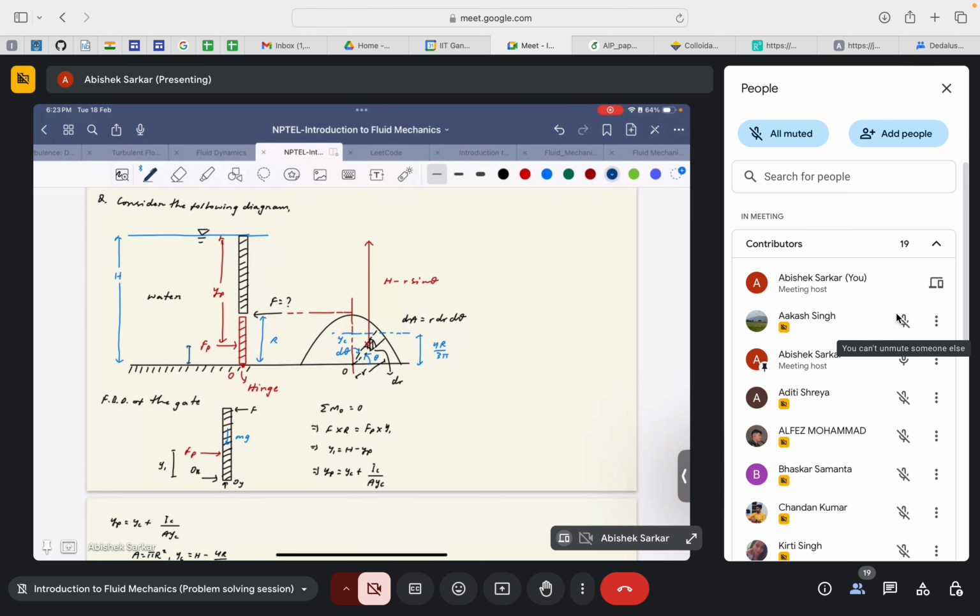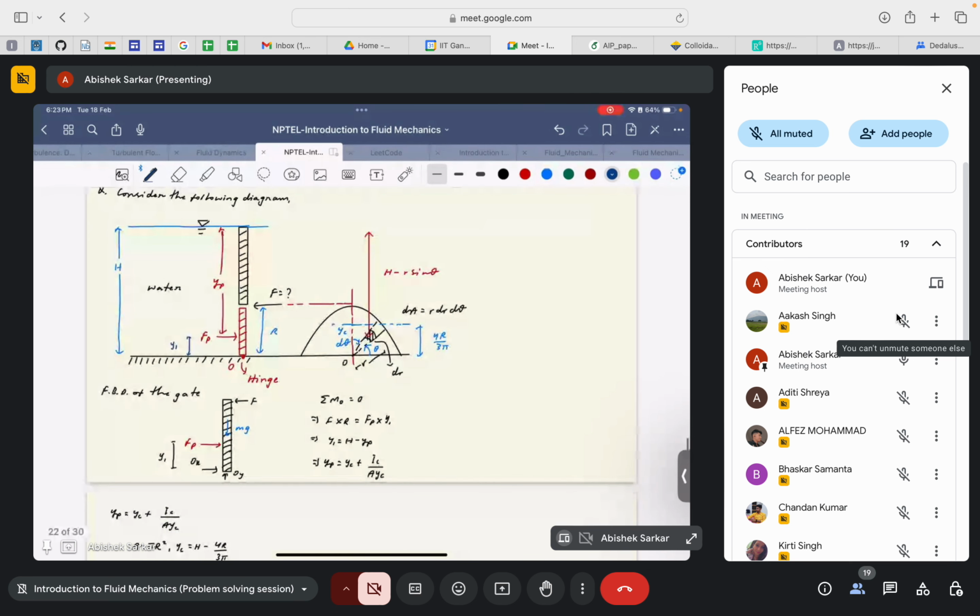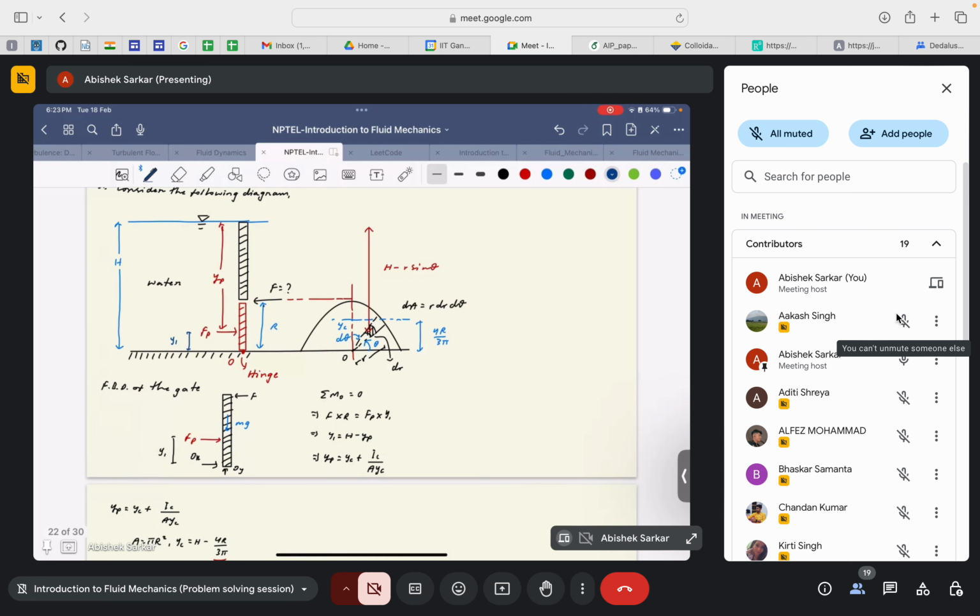So this is y1. If we find the summation of all the moments with respect to O, then we will find that F times R, where the length of the gate is R, would be balanced by Fp times y1.